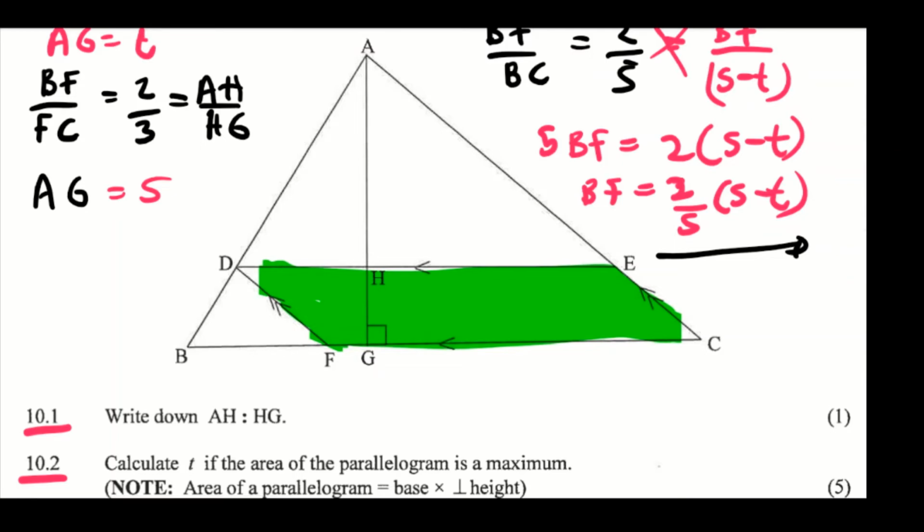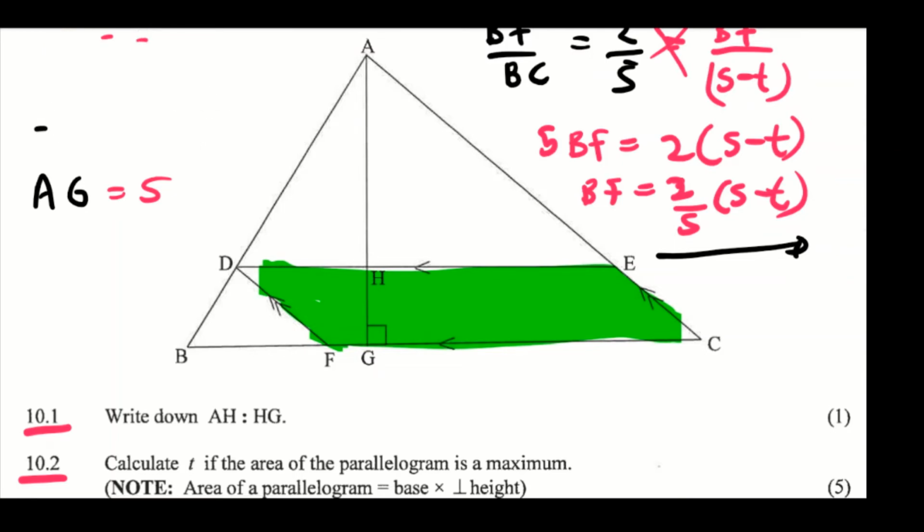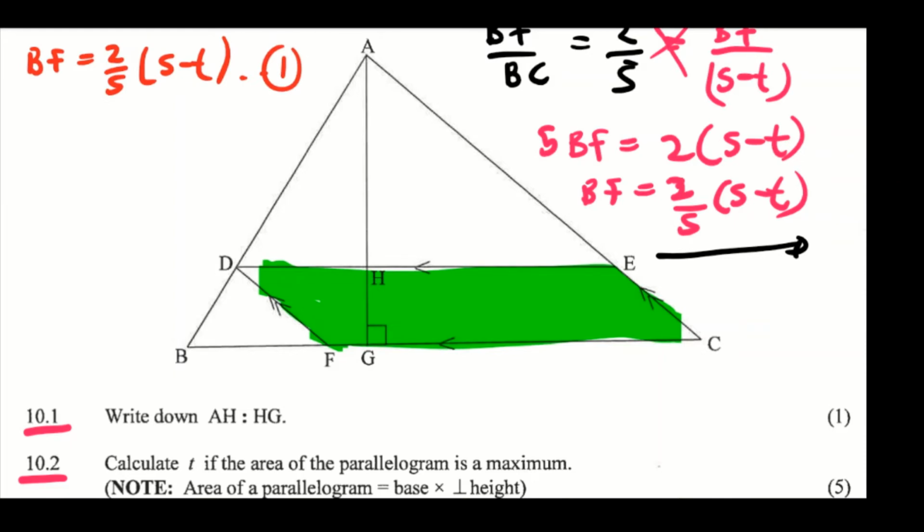So what we have now is BF being equal to 2 over 5 into 5 minus t. Let me write it as equation 1.